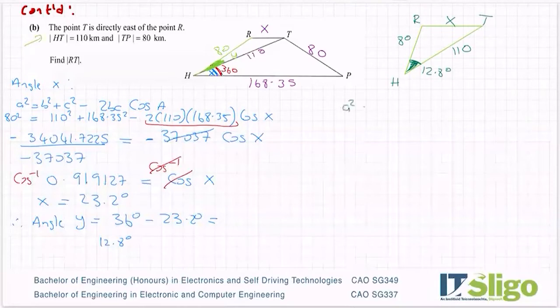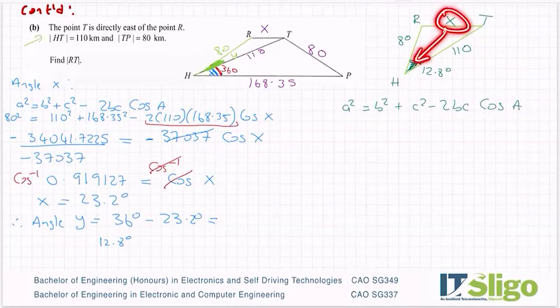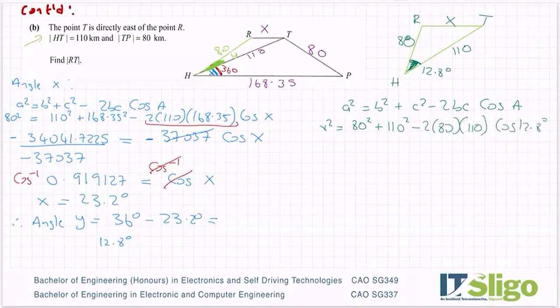So a squared is equal to b squared plus c squared minus 2bc cos A. So I'm solving for a side here and the angle across from it, so it's the x squared that has to go on this side. So it's equal to 80 squared plus 110 squared minus 2 times 80 times 110 cos 12.8 degrees.